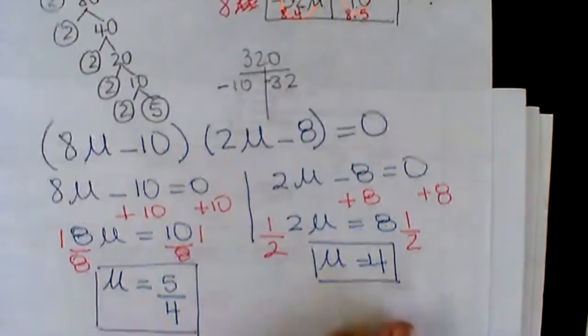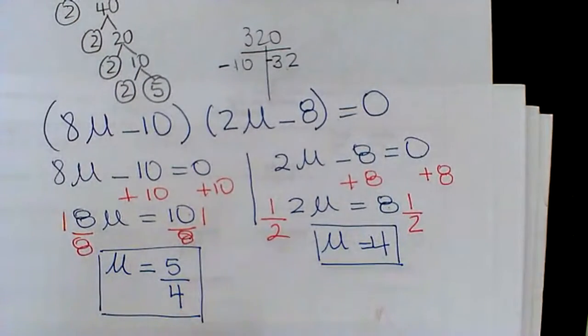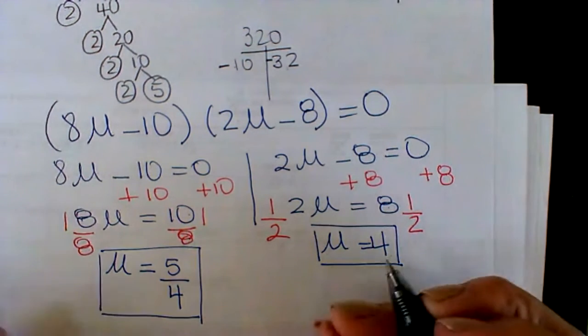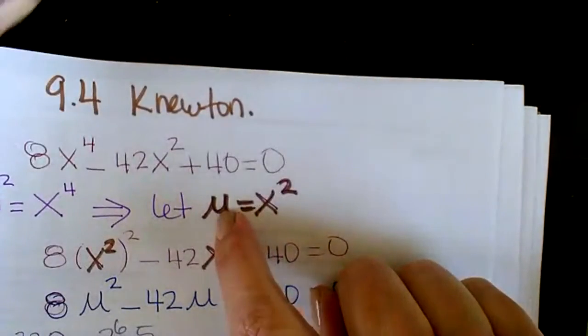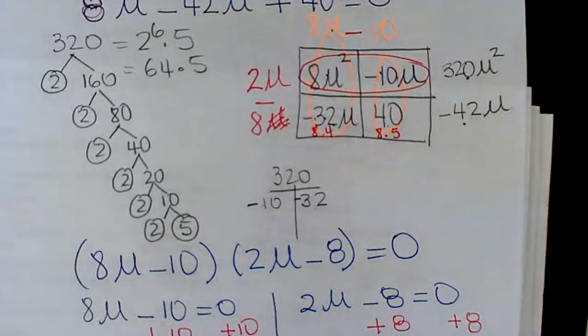Okay, now I got my two solutions, but what do I need to do now? Go back and substitute, right? The original variable back into the substitution, okay? So let's go back and do that. We said at the beginning that u was going to be equal to x squared, right?